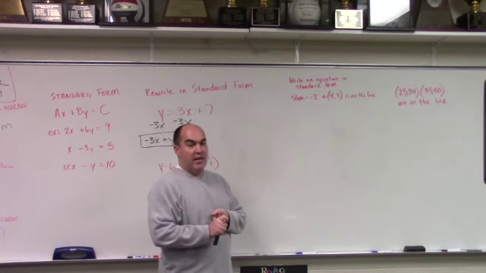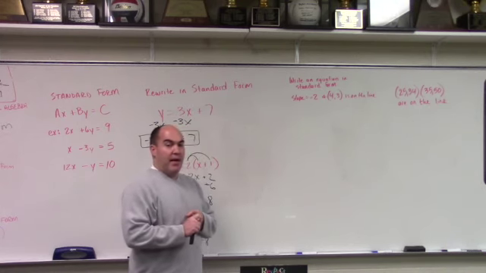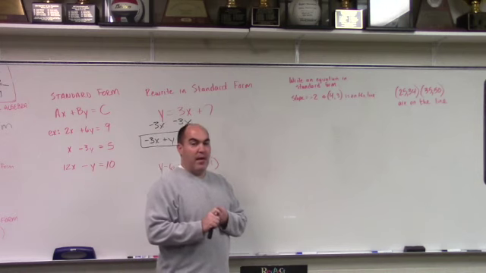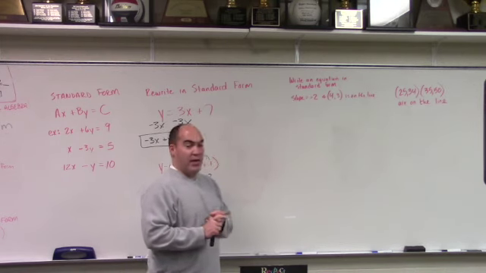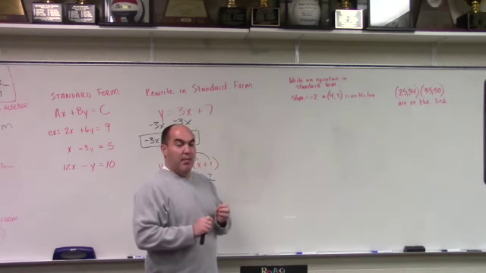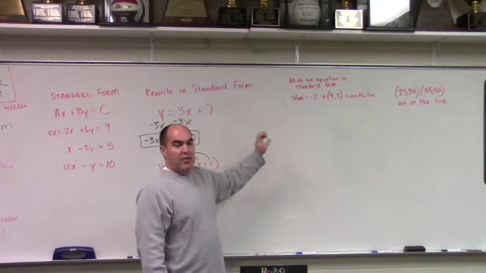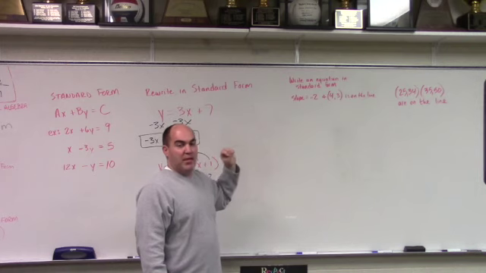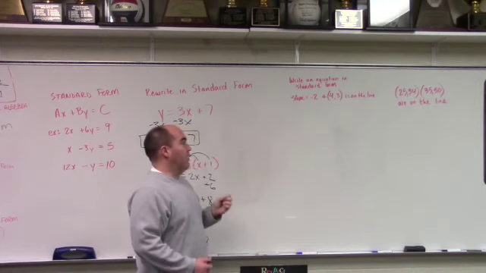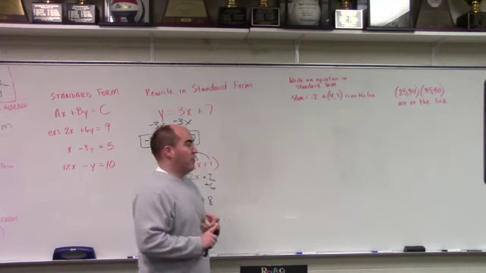Either way is fine. Okay, it doesn't matter which way that I work this. I've just got to pick one, whichever one I think is easiest. But there's no way for me to jump straight to standard form. So you've got to use one of the two ways that you've already learned how to do, okay, which is slope-intercept form or point-slope form.